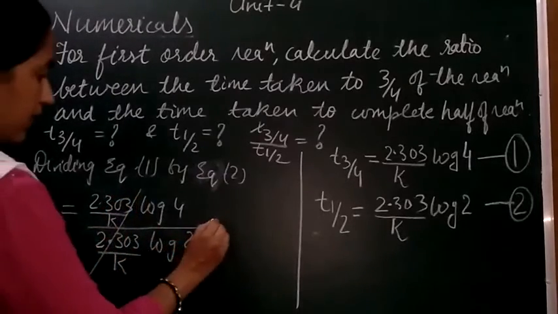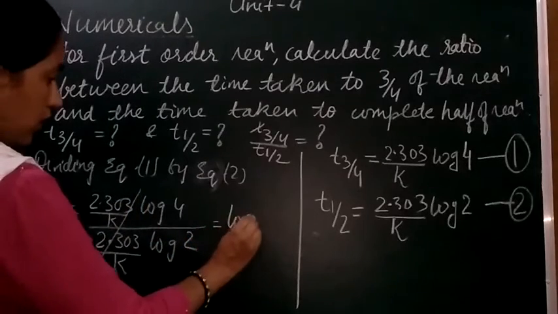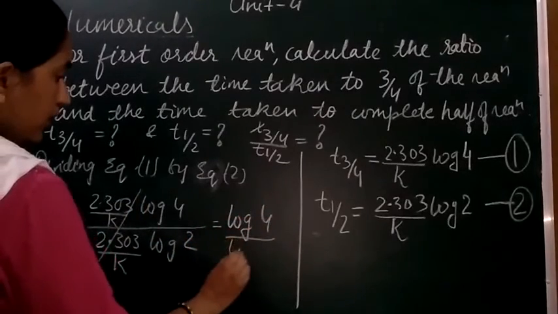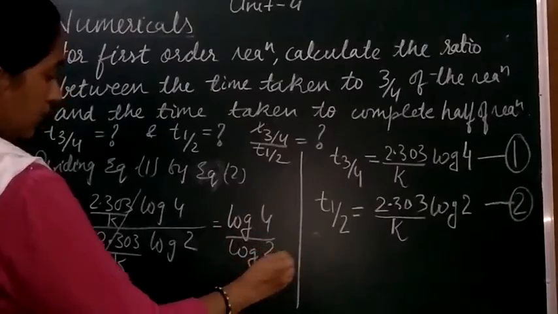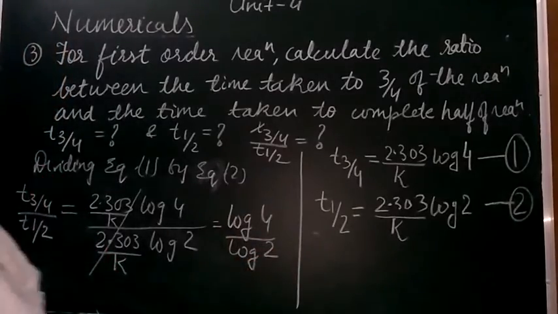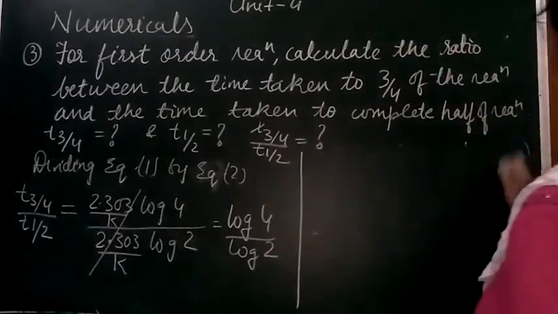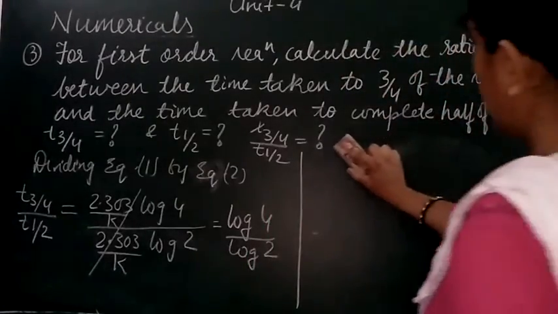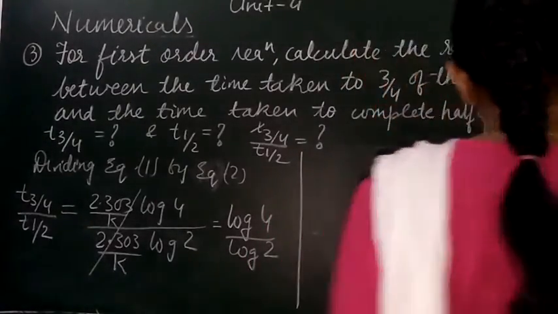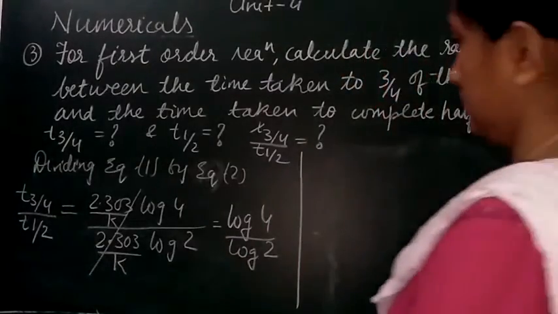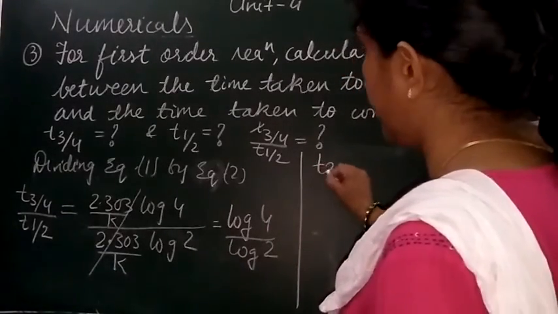And what we are getting here is log 4 upon log 2.